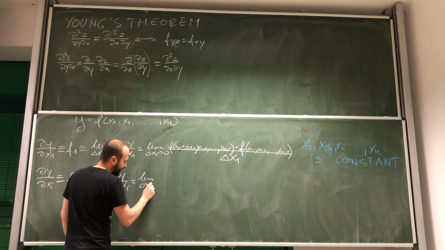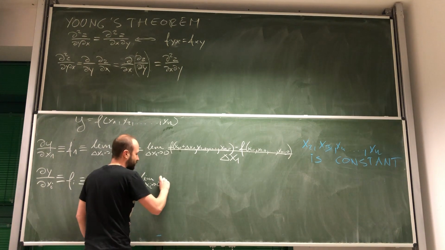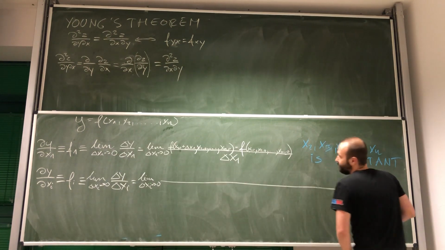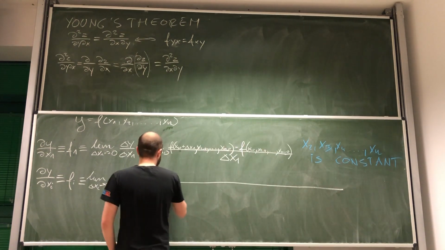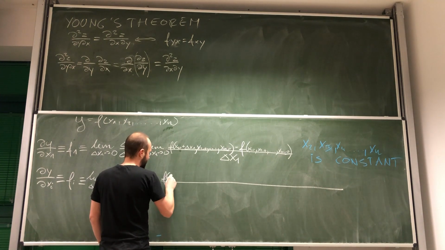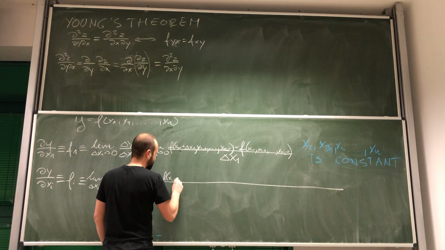And this one is going to be a little bit longer. So it would be f of x1,0.